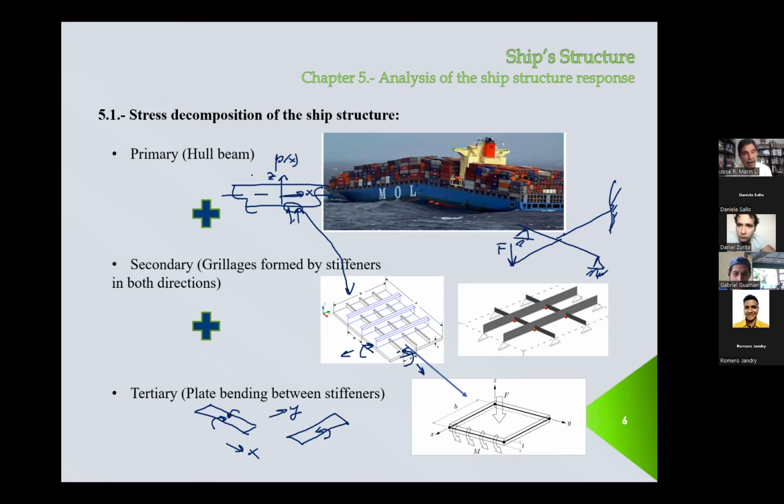But here, as a primary member, since this is a beam behavior, the pressure has to be seen as a force, so it has to be converted to force per unit length. And here, they can be taken directly as force per unit area. So they are related, but they're not the same.